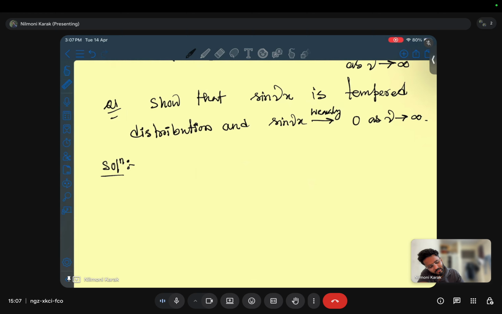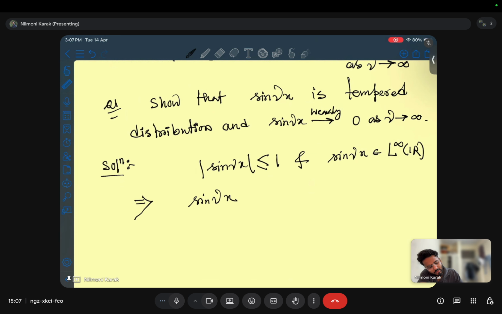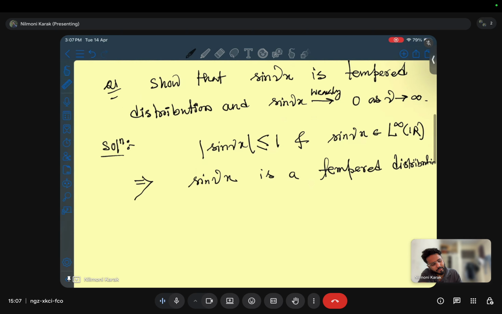Now this is simple: sin nu x is bounded, and therefore it is in L infinity R, so this is a tempered distribution.